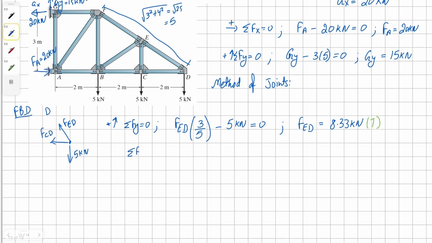Now we can sum the forces in x direction in order to find the value for force in member CD. Force FED we just found, and it's 8.33 kilonewton. And because we want the horizontal component of force FED, it's going to be 4 over 5. Take away force CD, all equals to 0. Solving for force CD, we get our solution as 6.67 kilonewton, and this member is also in tension.